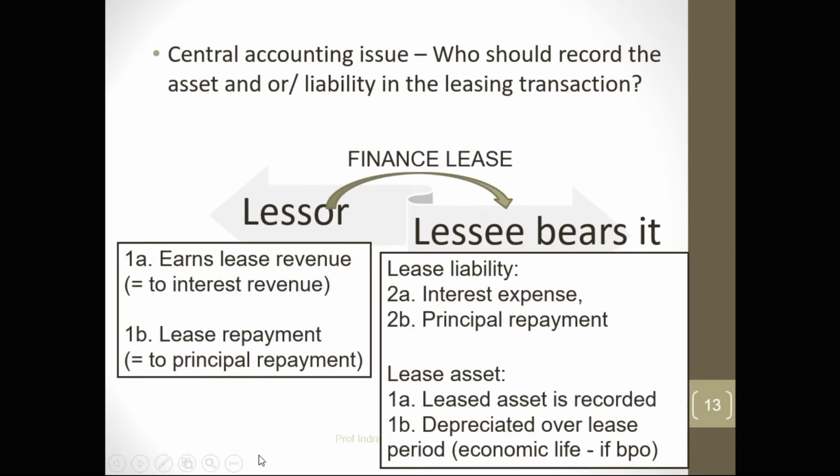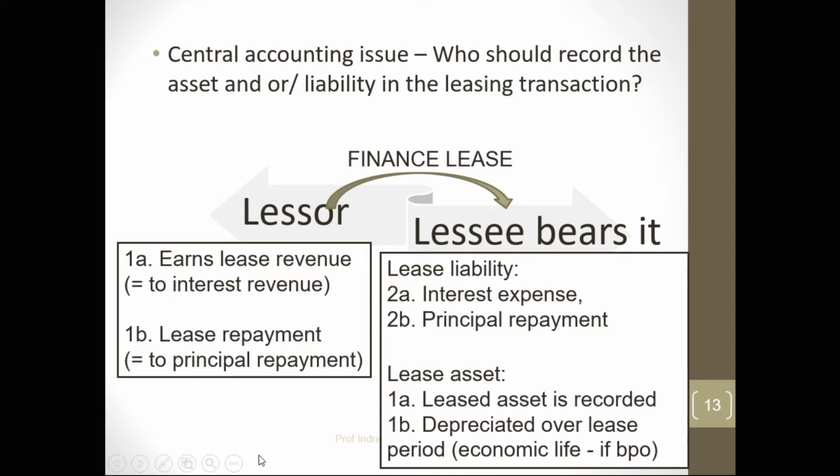When it is classified as a finance lease, the lessee bears the asset, the lease liability and lease asset is being created. The lease asset is created because of the right to use the asset.